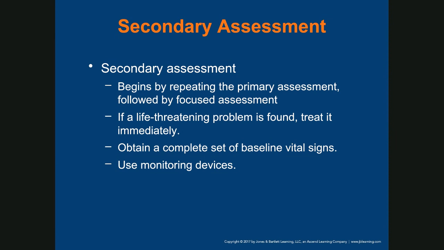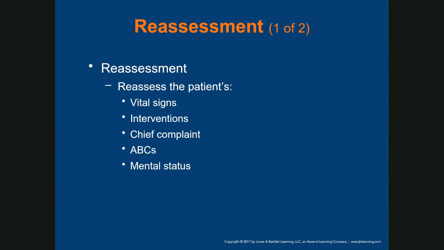By the time you get to this stage, you should know what your patient's GCS is, right? And I always tell my students that once you complete your primary assessment, you should know what your patient's GCS is. Then we get to the reassessment phase.